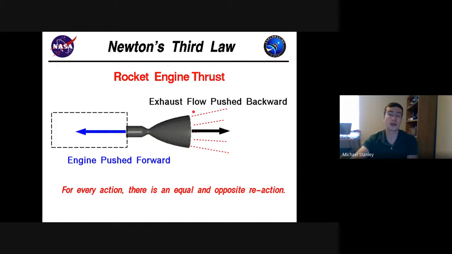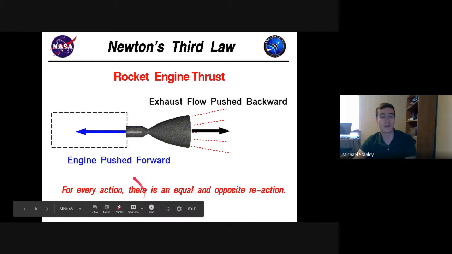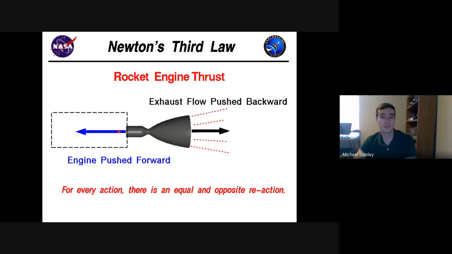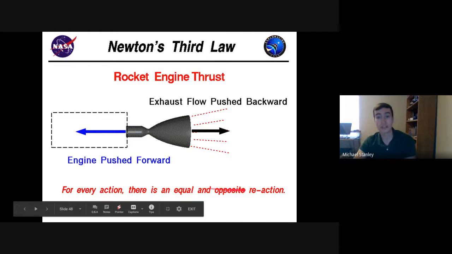The exhaust is going out the back, but the rocket is being pushed forward. That is what the third law is all about. For every action, as the exhaust is pushed out the bottom of the rocket, there is an equal and opposite reaction. The rocket is pushed upwards by this backward flow, or pushed forward by this backward flow.